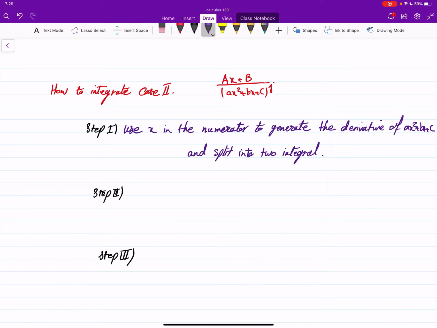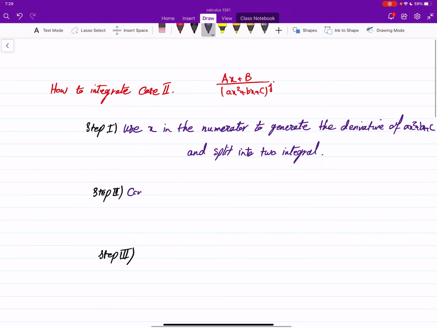For the second integral, that's now what you need to do: complete the square. Since we have assumed that b squared minus 4ac is negative, ax squared plus bx plus c, you will be able to write it as something like a times (x plus alpha) to the power 2 plus some beta to the power 2.